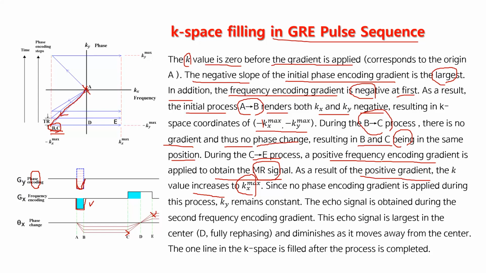So the Kx value is moving to Kx maximum. But since no phase encoding gradient is applied during this process, Ky remains constant. So in this way, in this direction, one line is filled.